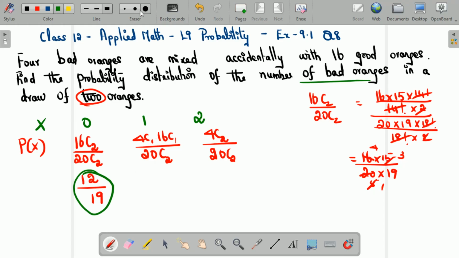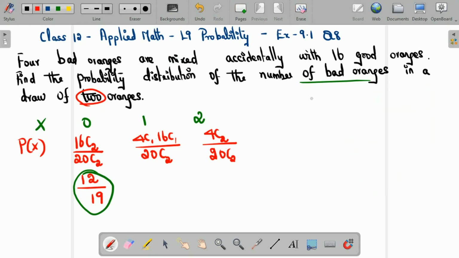Now let's work on the next computation. Let's compute 4C1 into 16C1 divided by 20C2. This is 4 into 16 divided by 20C2, which is 20 into 19 into 18 factorial by 18 factorial into 2. So 18 factorial and 18 factorial will go.